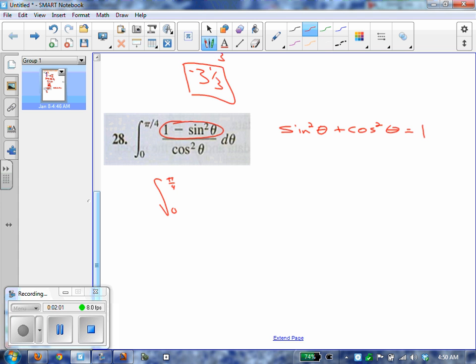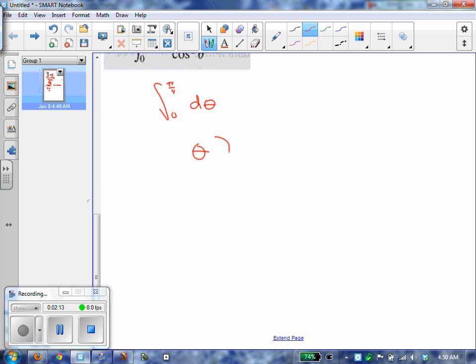Cosine squared. What's cosine squared over cosine squared? 1. So when I take the integral of 1, I'll just get theta. And then I'm supposed to evaluate that from 0 to pi over 4. So I'm going to get 0 minus pi over 4, which is negative pi over 4. Okay. That was not as bad as it looked.